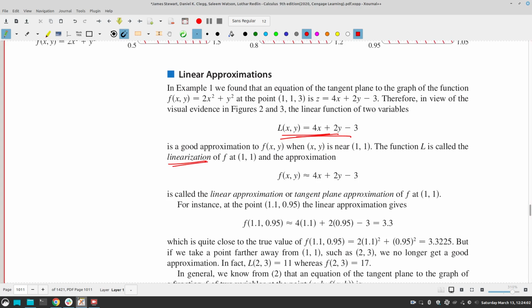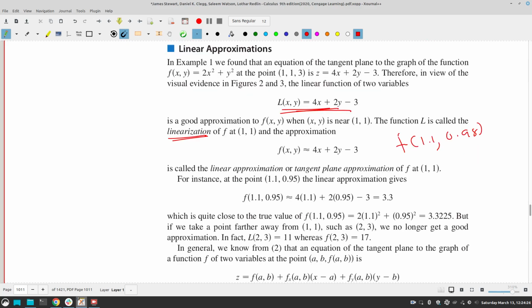Okay, so let's look at the function. Let's say we want to evaluate f of 1.1, which is close to 1, comma 0.95, which is also close to 1. So f(1.1, 0.95).